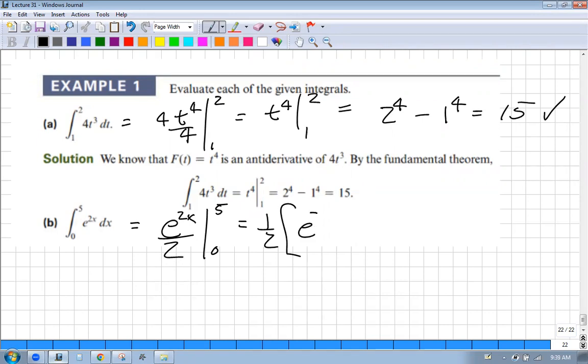So we're plugging in the 5, we're subtracting, and we're plugging in the 0. Notice I pulled out the 1/2. You can do that if you want. So we get 1/2 times e to the 10th minus 1, right? Because e to the 0 is just 1. That's the exact answer. You can plug that in your calculator if you want.